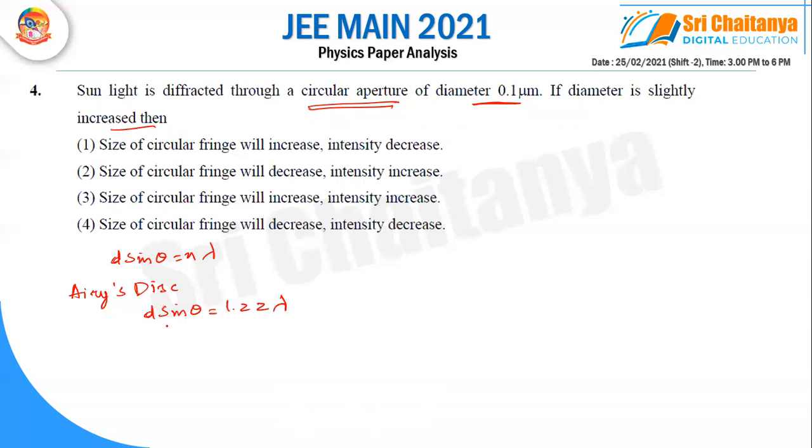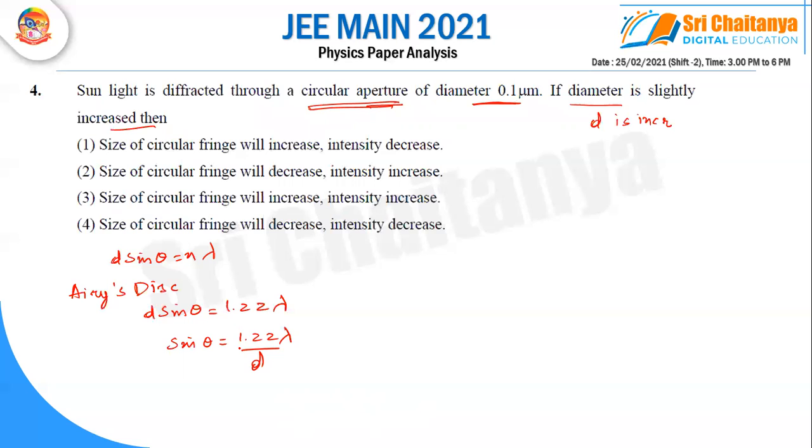So sine theta equals 1.22 lambda by d. Now the size of the circular aperture: if the diameter is slightly increased, so d is increased.